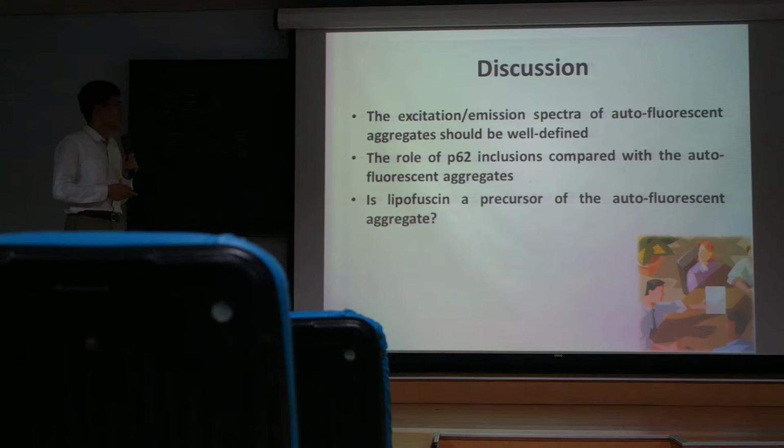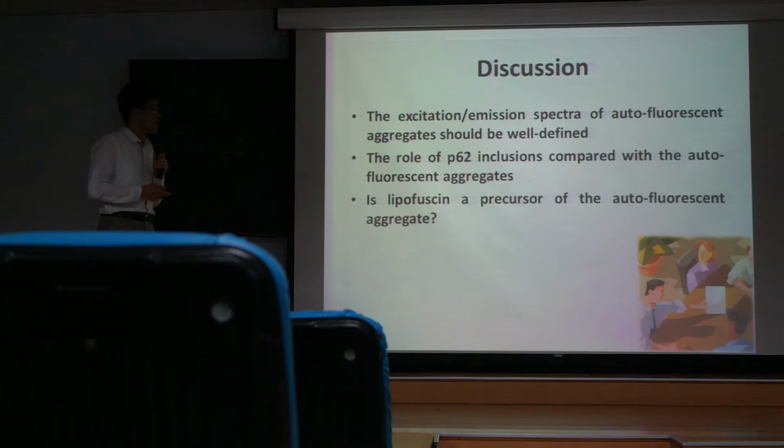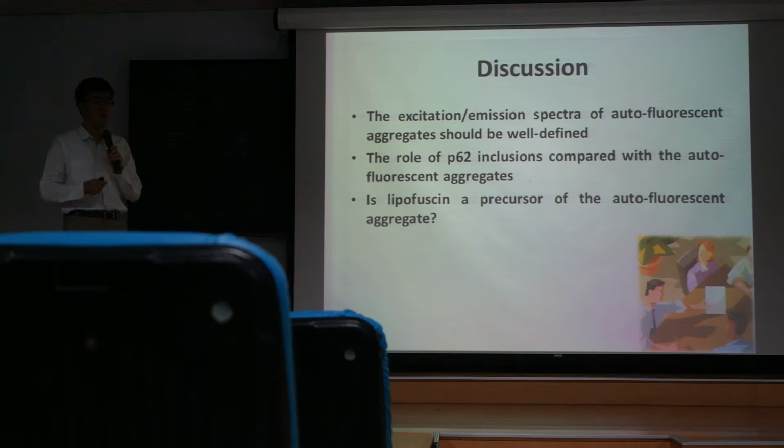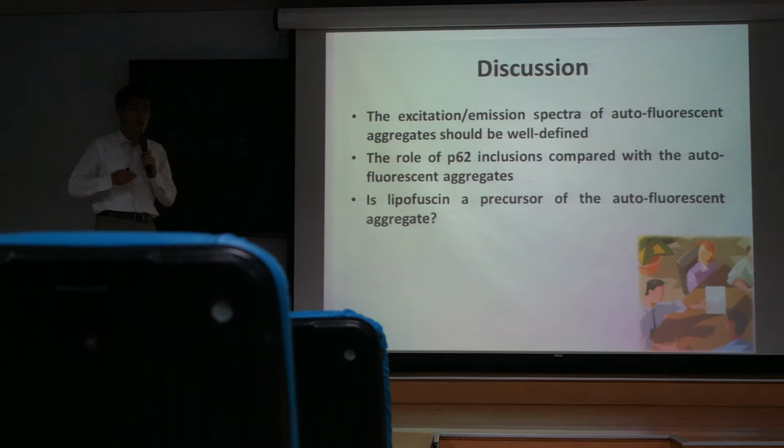And the third one is whether lipofuscin is a precursor of the autofluorescent aggregates. Because lipofuscin appears smaller than the autofluorescent aggregates, they may share a similar pathway. Otherwise, there are two totally different pathways to form those different kinds of aggregation. So I think those questions can be explored more in the future neuroscience field.